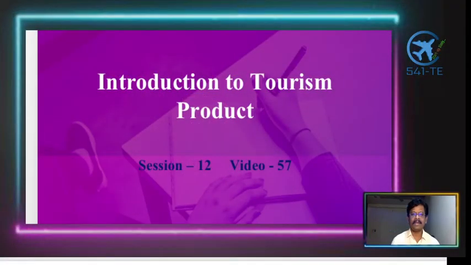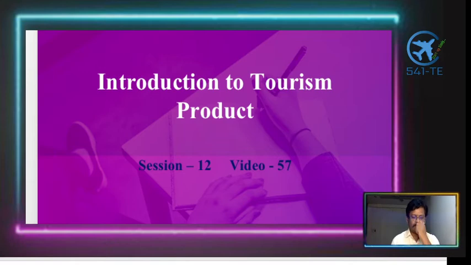So in this direction, now let us look at the tourism industry, the tourism sector, where you have the product and services, and how the product is designed and developed in tourism. That we discuss in this module, an introductory note.